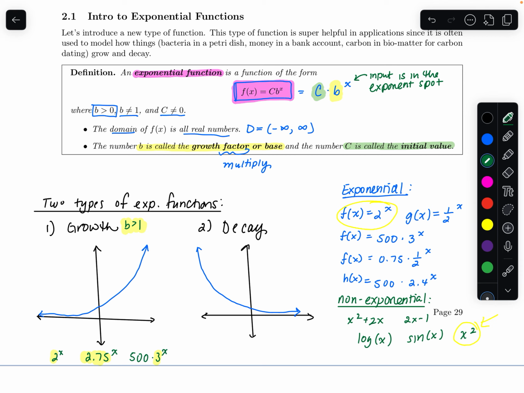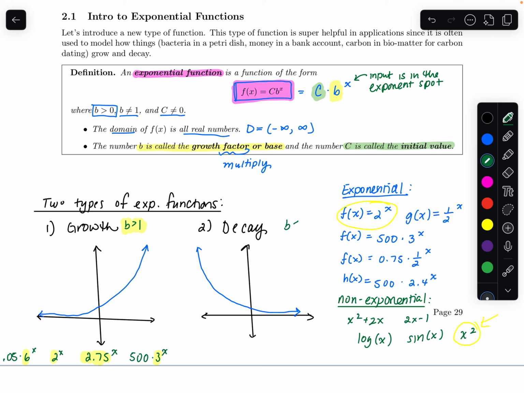Even if the other value is a decimal, so like 0.05 times 6 to the x. I don't know, I'm making things up at this point, right? As long as that base value, 6, is bigger than 1, we will have growth, right? Maybe it's slower growth, maybe not. Depends on some values we'd have to double check. But either way, growth over time.